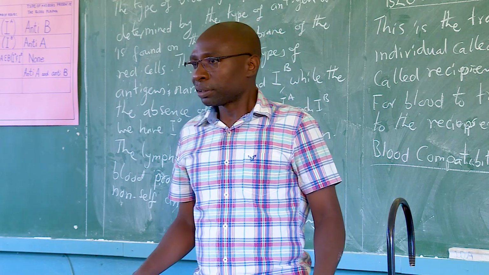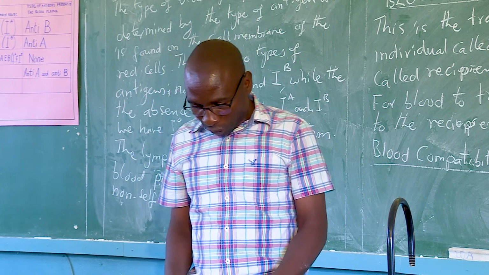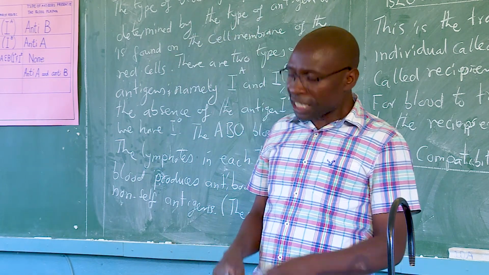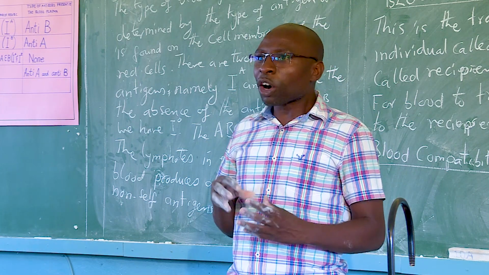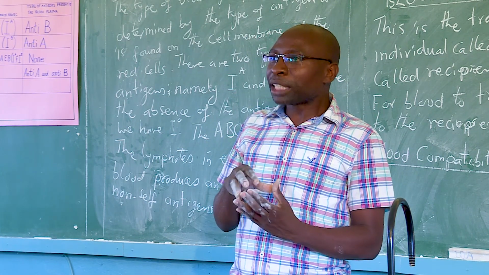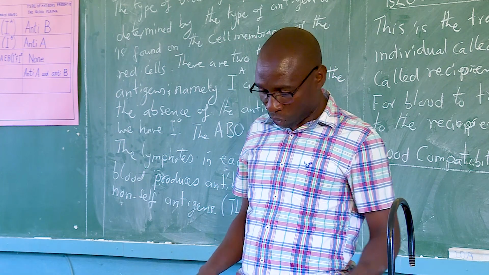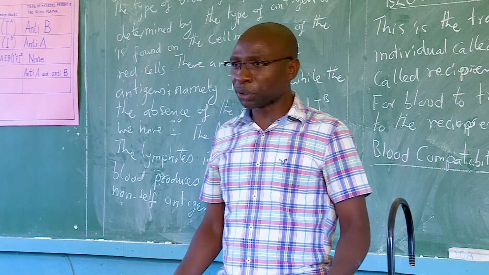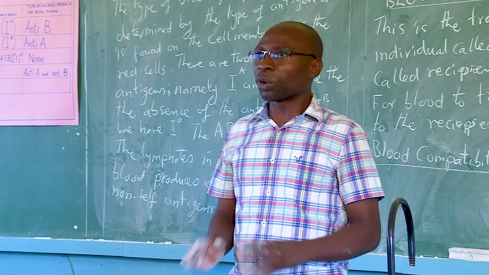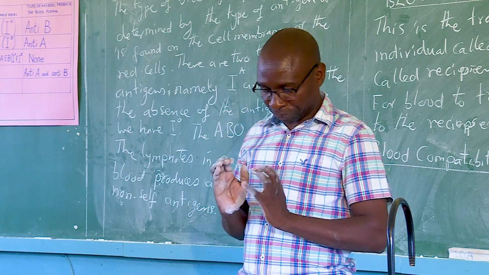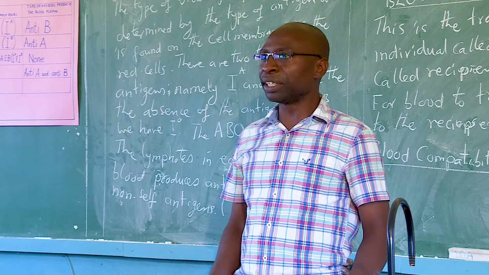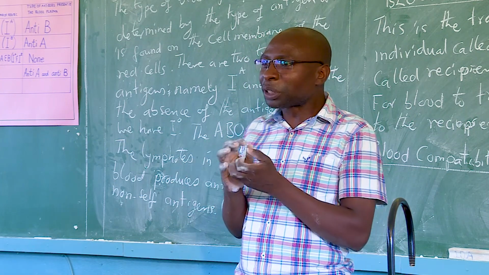As a result, the body is going to produce antibodies which are going to work on that foreign blood which has been donated, because it's not compatible. It's going to bring what is known as agglutination or the clumping of blood. All the cells are going to be put together.